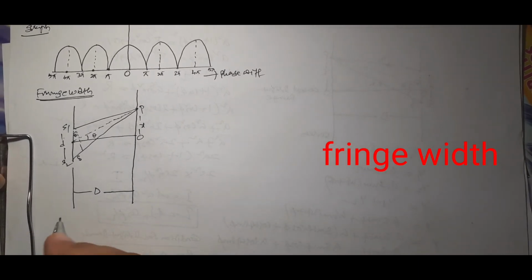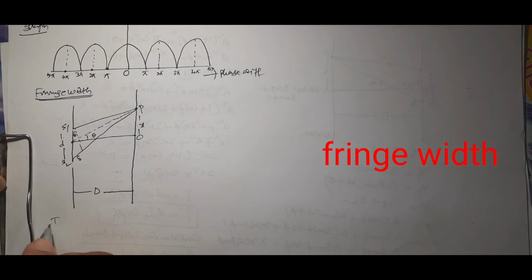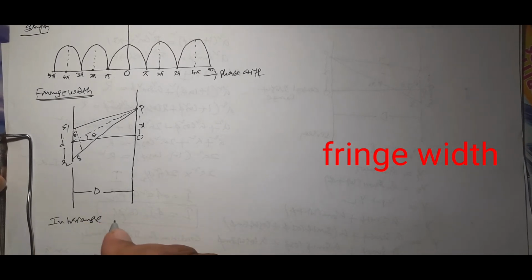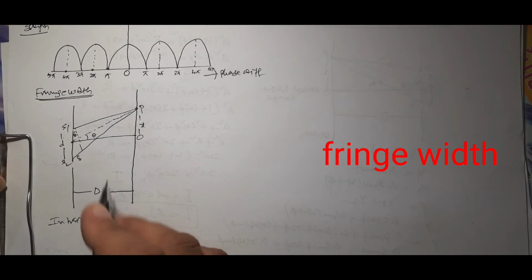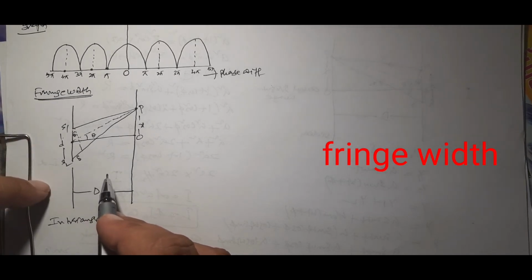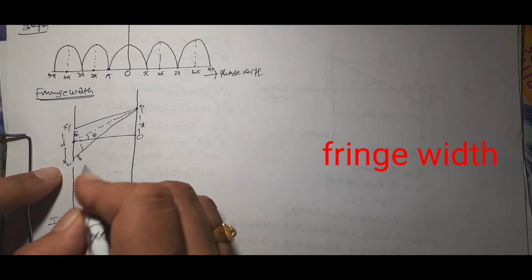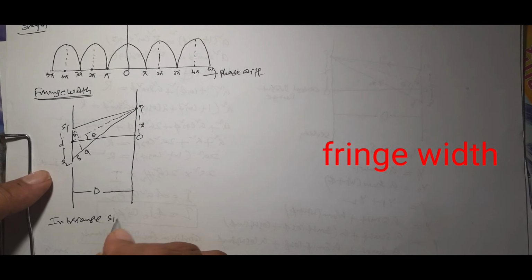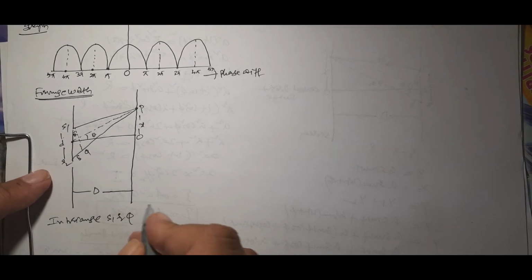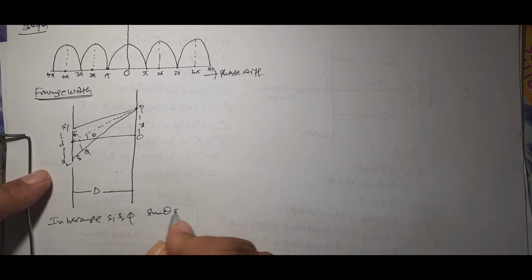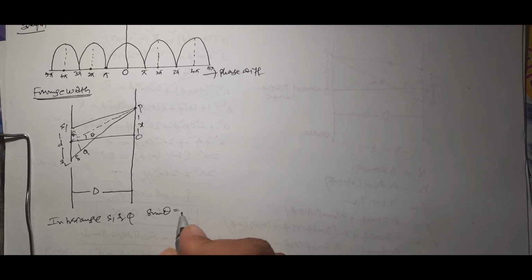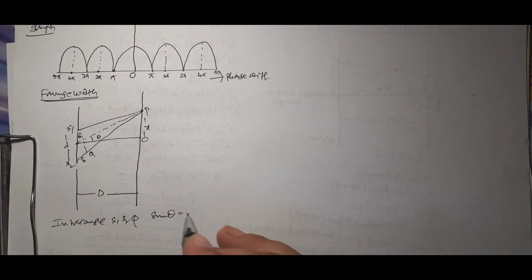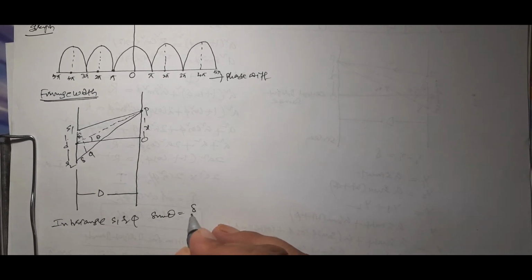So here, in triangle S1 S2 Q, this point is Q. Sin theta is equal to opposite side by hypotenuse, delta by d.